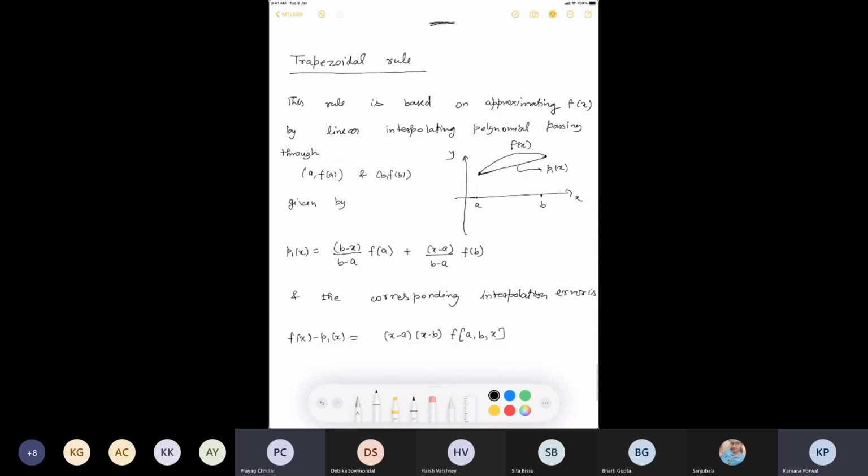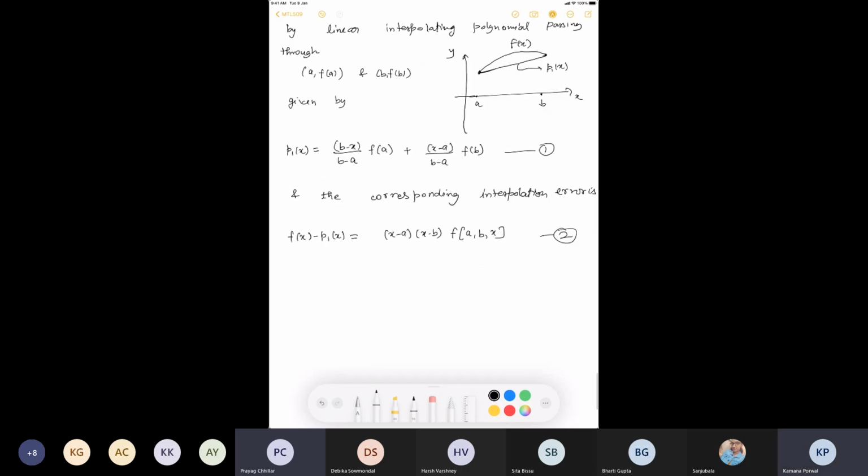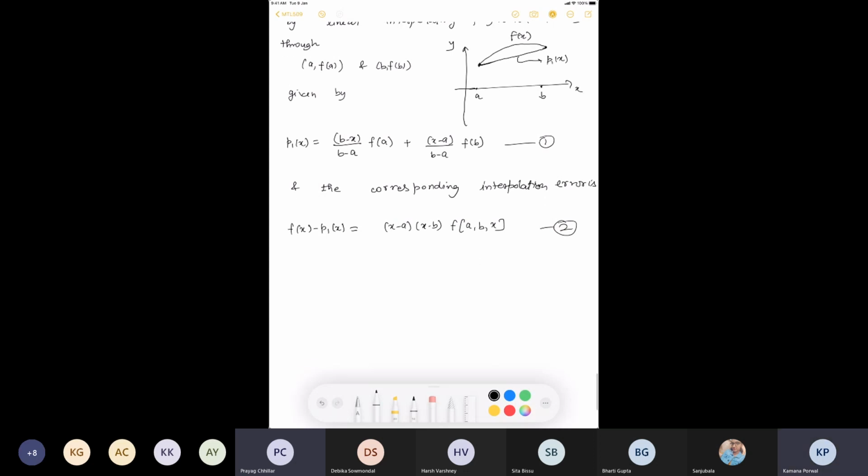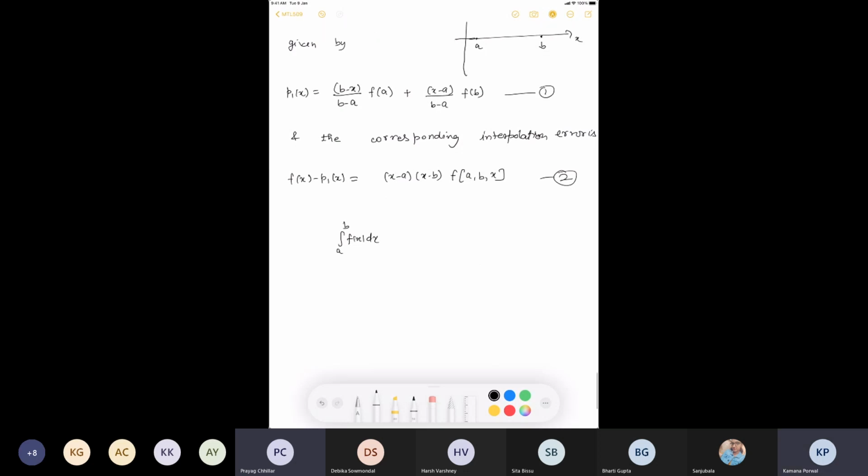Let me start with 1 again, so this is 1 and this is 2. Now, since we are interested in the approximate value of the integral, I will integrate p1 over this interval [a, b].